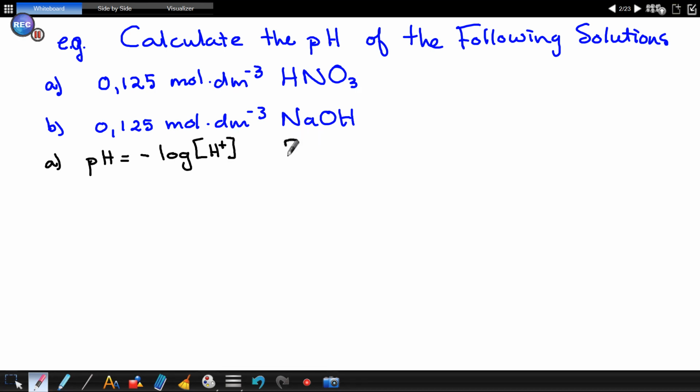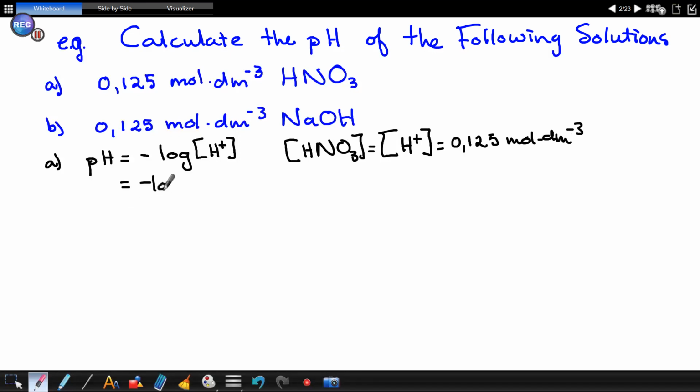For the concentration of HNO3 to be 0.125, the hydrogen ion concentration would be 0.125 mole per cubic decimeter. So this is negative log 0.125, and that gives us 0.9.